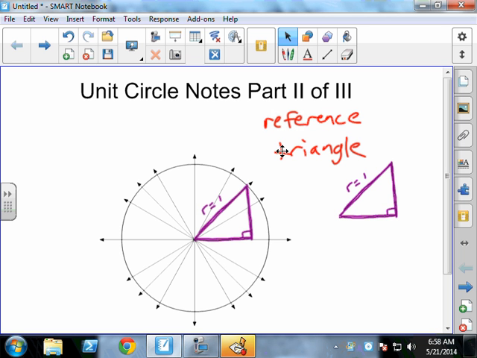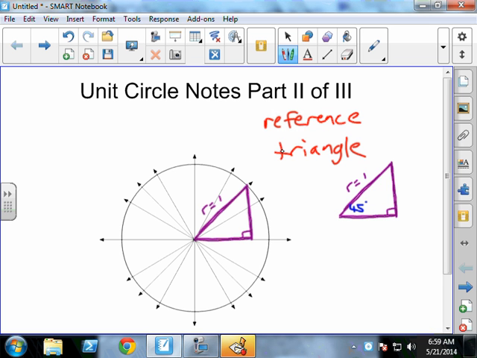And I think it's pretty clear now that the radius of the unit circle corresponds to the hypotenuse of this reference triangle. Okay. So what we're going to do, when we get to these coordinates in just a minute, is we're going to figure out what they are, and we'll look at the theory behind where everything comes from. And then we'll go over how to memorize those coordinates, okay?